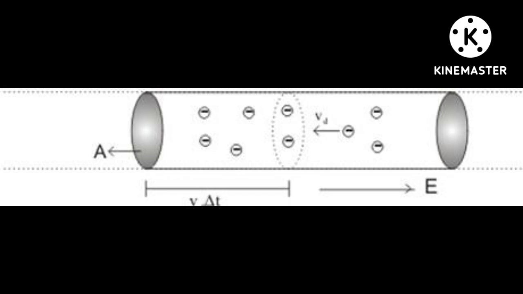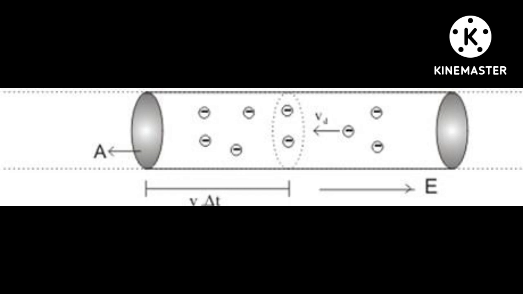They start accelerating, but their acceleration becomes zero, because when electrons collide with the ions in the solid, their acceleration goes on decreasing and becomes zero. But being under the influence of the electric field, they again try to accelerate, and this process continues, and therefore the free electrons drift in the direction opposite to the direction of the applied electric field.